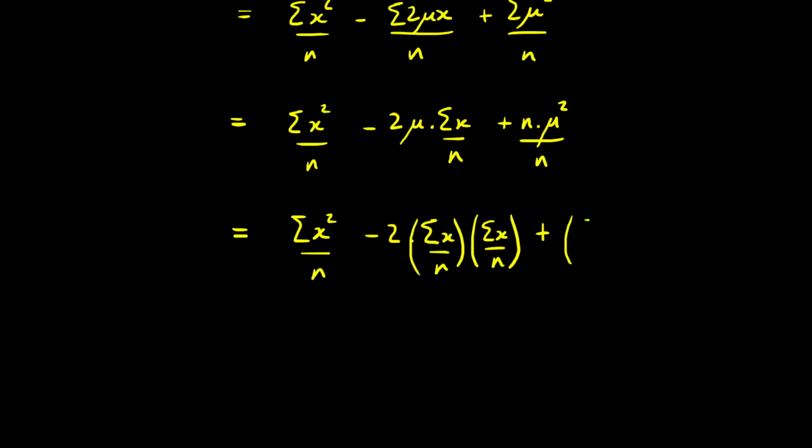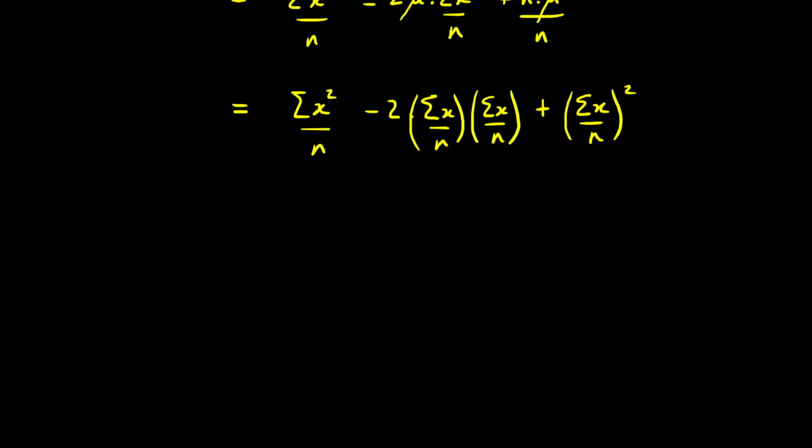And I've just said that mu squared is sigma x upon n all squared, right? So I replace the mu with sigma x upon n. Well, now if we just think about it, this thing is sigma x upon n times sigma x upon n. Well, that's the same thing as sigma x upon n squared. So I can sort of get rid of this thing like that and replace it with that.